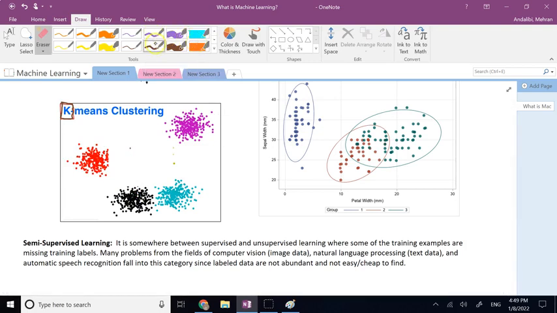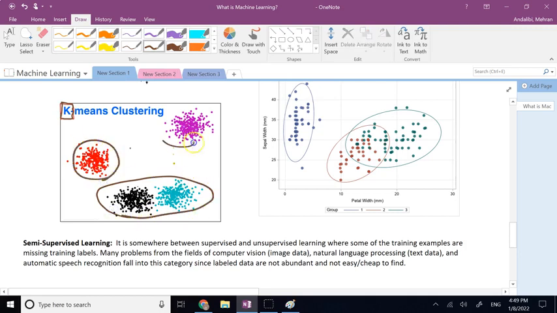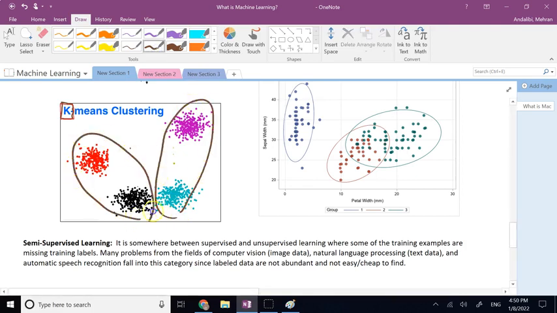Maybe if you say I want 3 clusters, then it combines these two together and says this is one, this is one. If you say 2, then you have to see whether it breaks it down into something like this, or something different. It all depends on where these data are, and it tries to bring down that intra-cluster deviation.